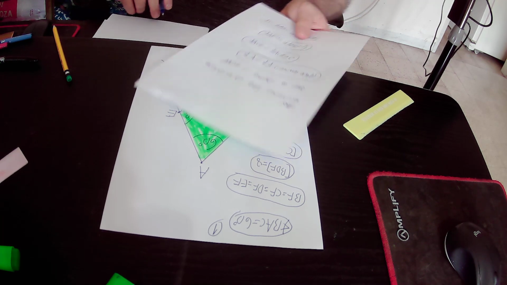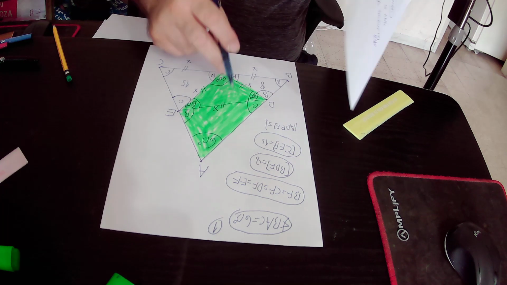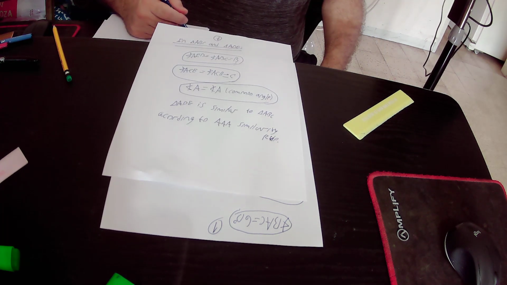We read again the picture around. Triangle ADE, the small green triangle, is similar to triangle ABC according to the angle similarity rule.